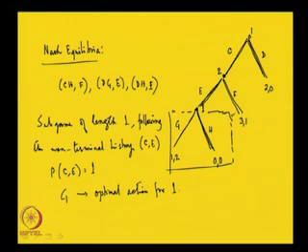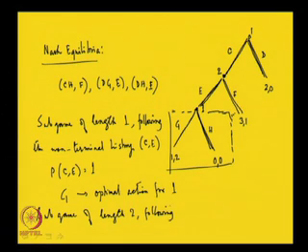Then we go to the subgame of length 2, and this is described as the following. This subgame follows the non-terminal history C. After C, this subgame comes about.